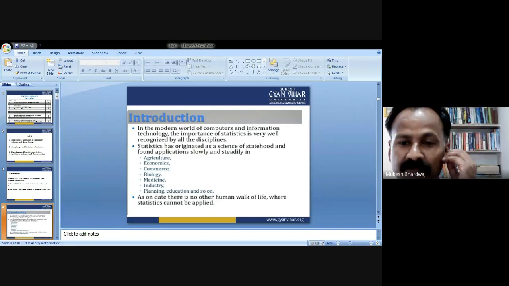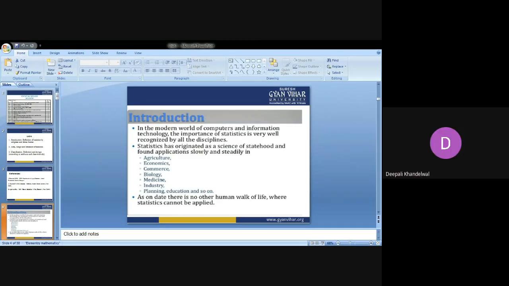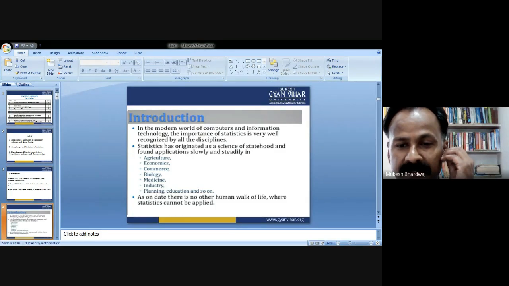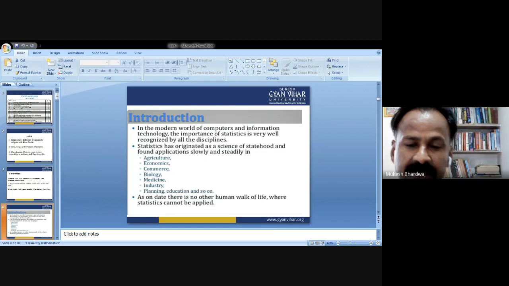That means forecasting the situation. We collect the data, we represent the data in the forms of statistical methods or statistical diagrams like bar diagram, pie chart, graph. We are representing that data in the forms of bars or diagrams or graphs.